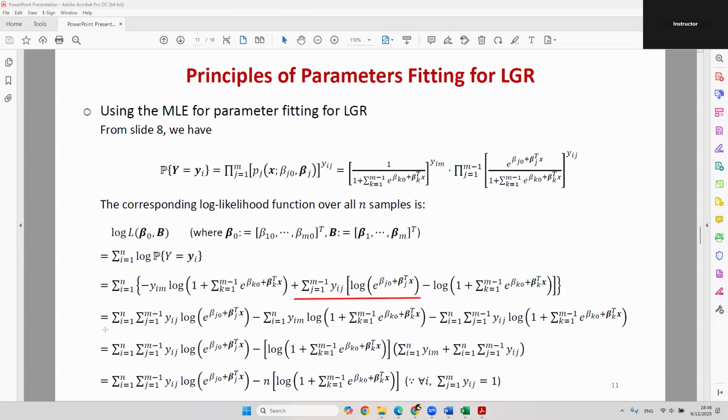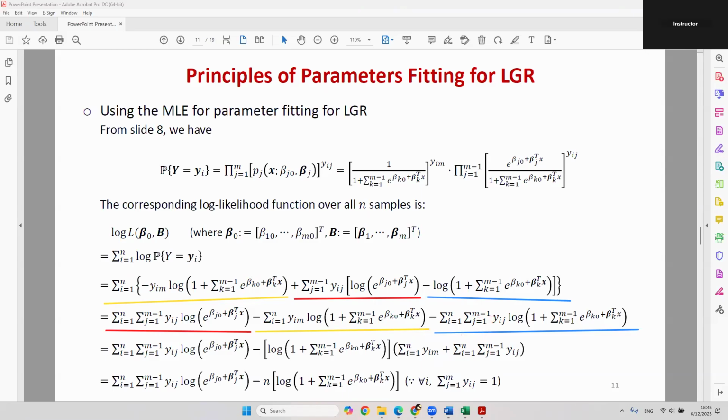So this item is this item, this part is this part, and finally this part is this part. I just put this sigma inside, so here we have two sigmas, for example.